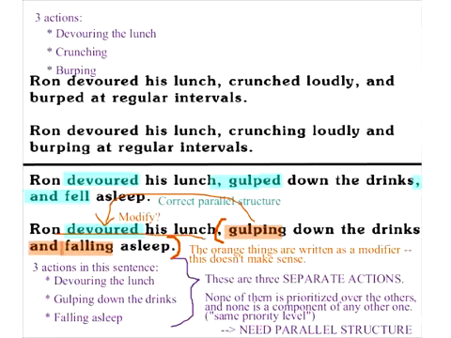Well, you can't really do that. You have to ask what the sentence is clearly intended to mean if it were delivered to you. And these are descriptions of devouring the lunch. So it doesn't make sense to put these in a parallel structure because they're not supposed to be parallel. These two are further description of my devouring the lunch.